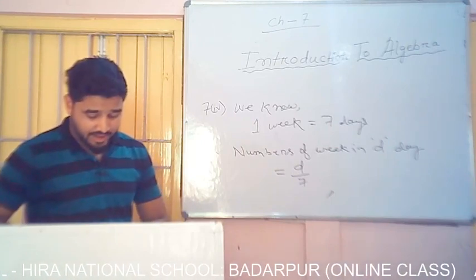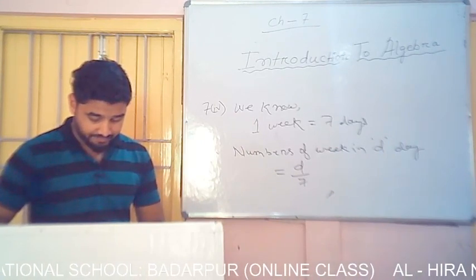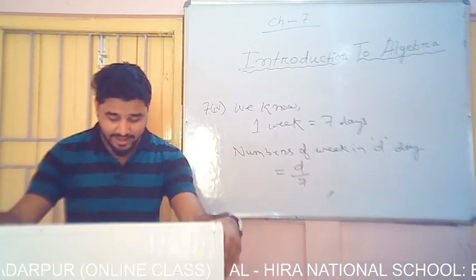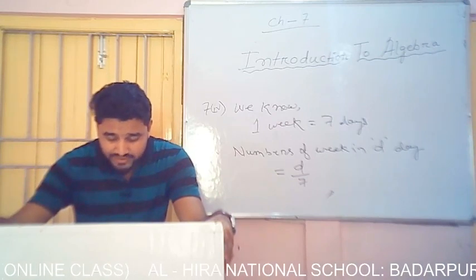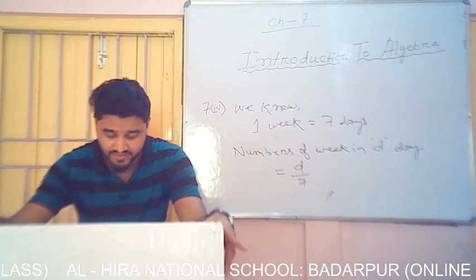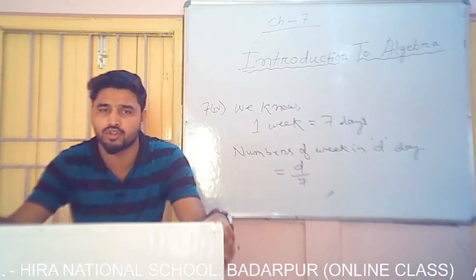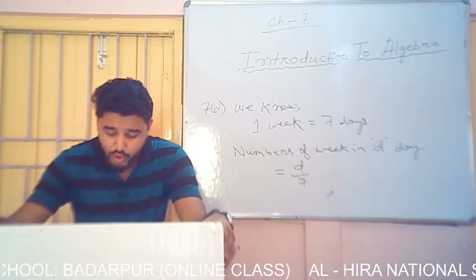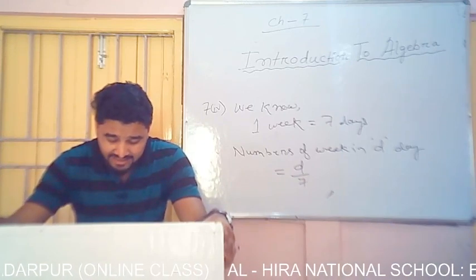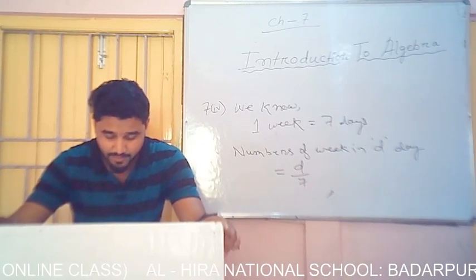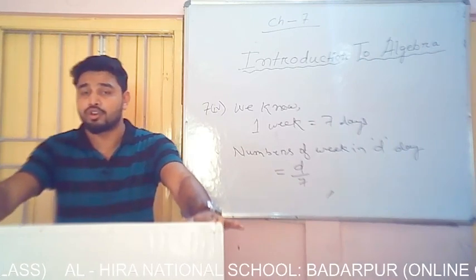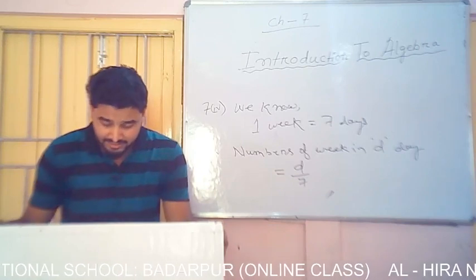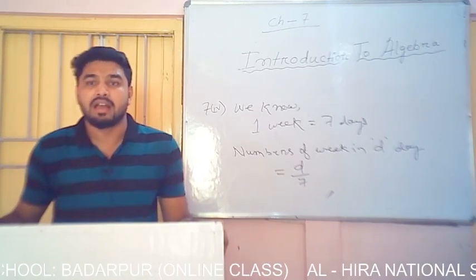Now come to question number 5. The question is given. Sandy scores 8 marks in long answer type questions. That means for the long answer type question she got 8 marks. For short answer questions, 2 marks are given for each correct answer.